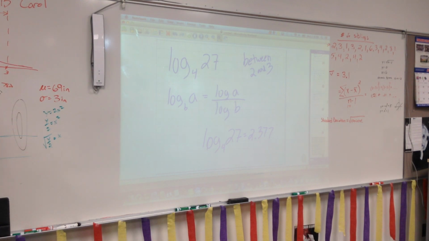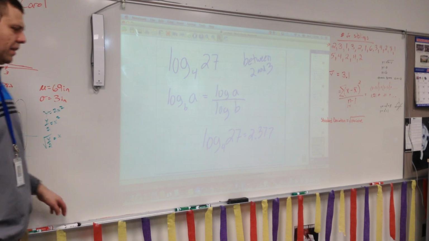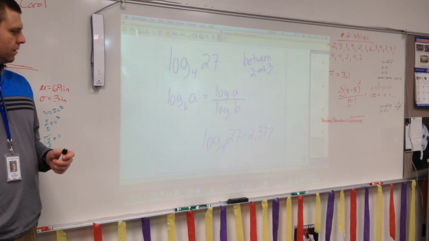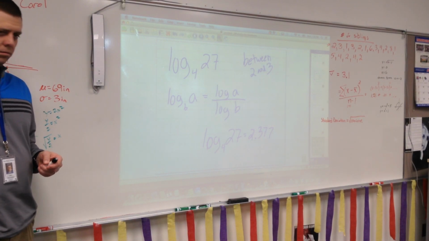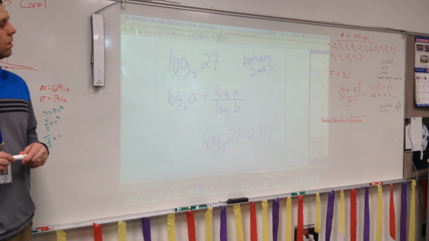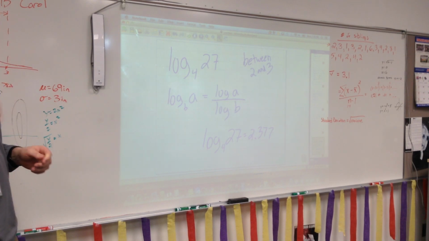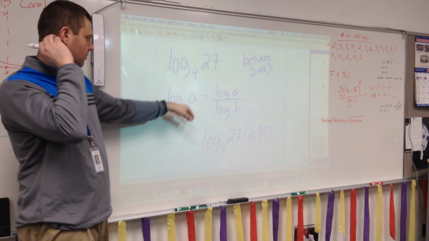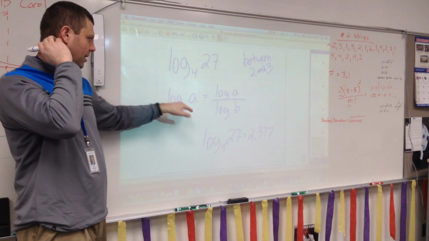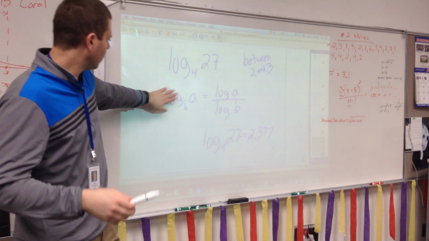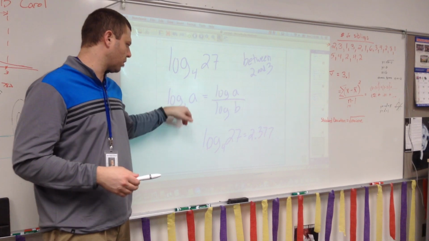So that's called your change of base. Any questions on that? A lot of times people say log of the big number divided by log of the little number. Log of this value divided by the common logarithm of your base.